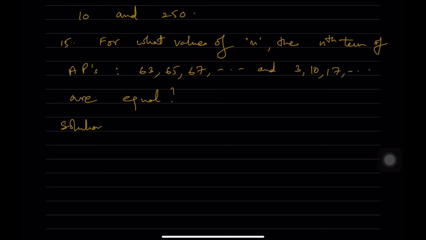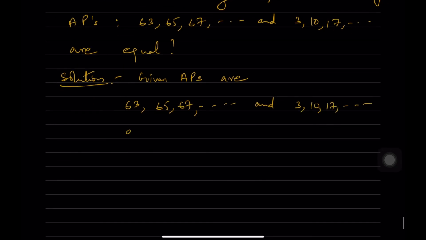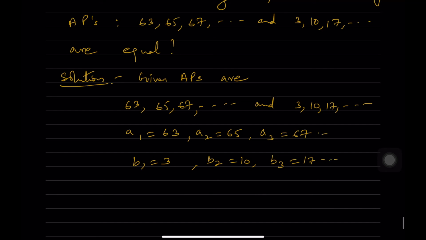So solution for this is, given APs are 63, 65, 67 and so on, and 3, 10, 17 and so on. So here A1 is equal to 63, A2 is equal to 65, A3 is equal to 67. In the second series we have B1 is equal to 3, B2 is equal to 10, B3 is equal to 17 and so on.